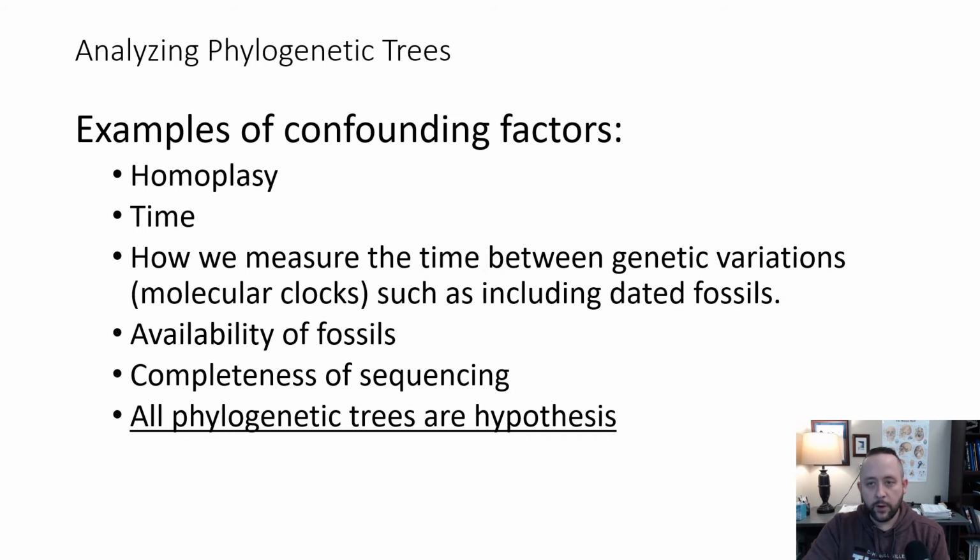Well, we've got things like homoplasy, which I will describe in a second. There's the time aspect and molecular clocks, which are also based on theory. Even radiometric dating is a theory, even though it's a well-founded theory. And there's the availability of fossils, whether we have a whole sequence for an organism or just partial.